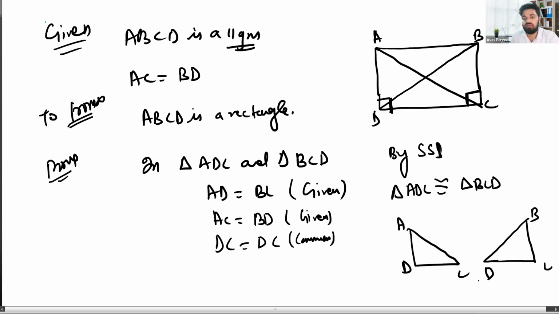If you have proved that this side is equal to this side is equal to this side, it is given to you, and this is common in both. So by CPCT, this angle will become equal to this angle. So we will write by CPCT, angle D will be equal to angle C.